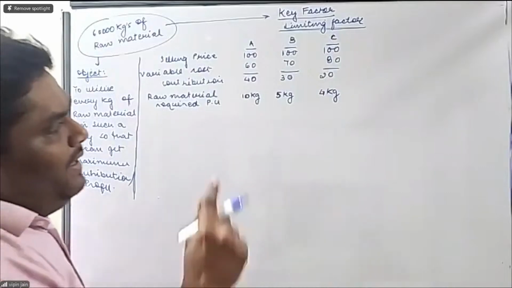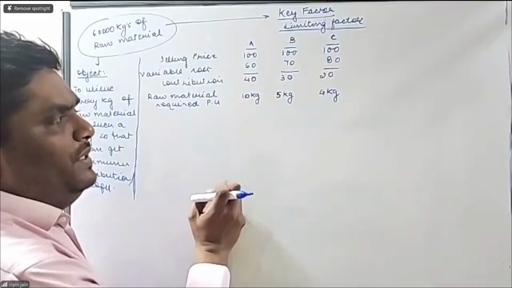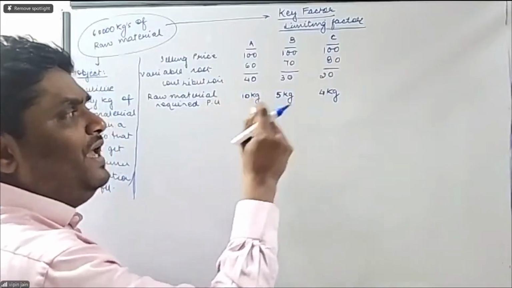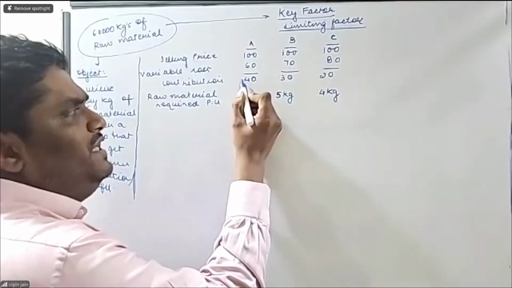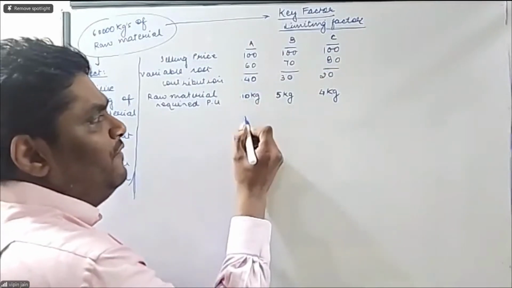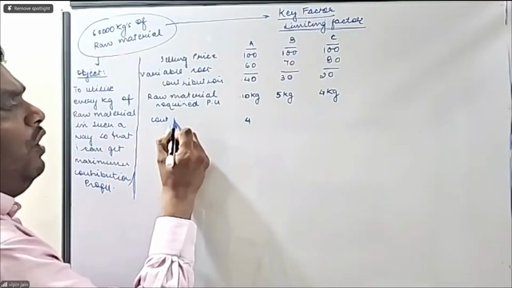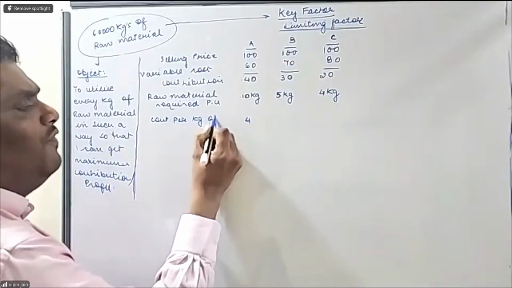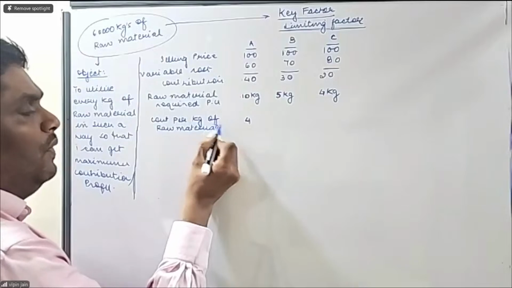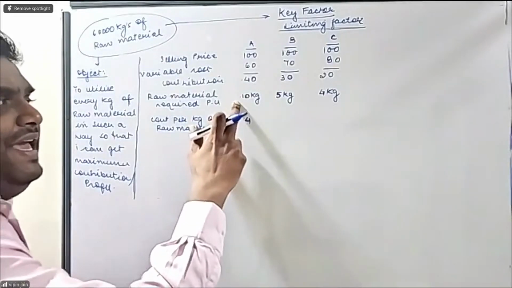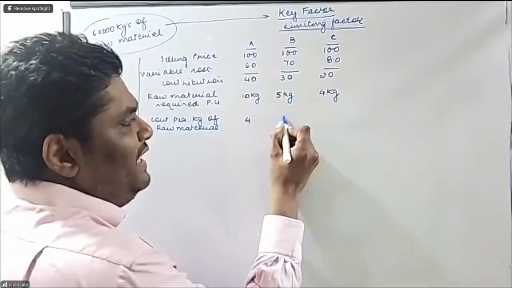Now see, here we are utilizing 10 kgs and getting 40 rupees profit. So how much profit are we getting from every kg of raw material? 40 rupees from 10 kgs, so from 1 kg we are getting rupees 4. Contribution per kg of raw material: from every kg we are getting a profit of 4. Here from every kg we are getting a profit of 6.